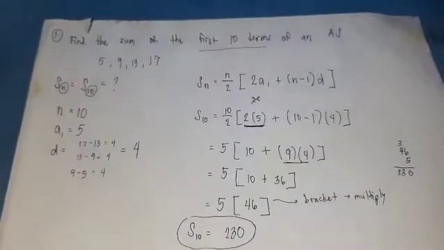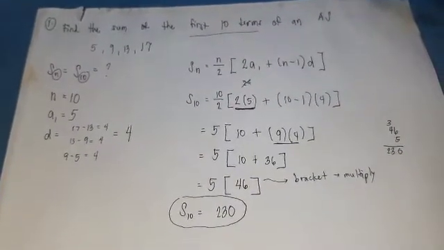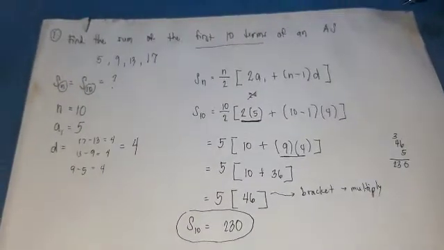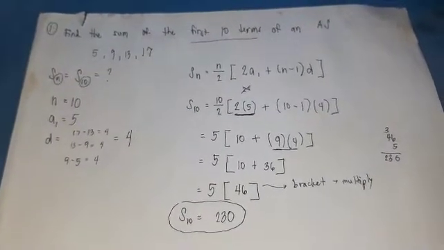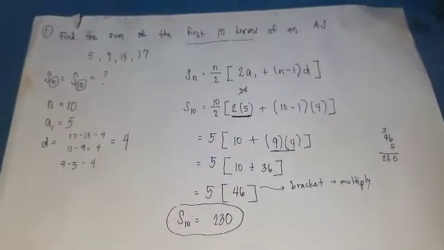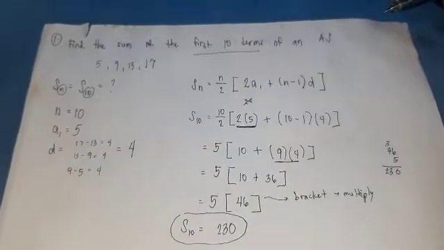If you don't have questions, try to answer number 2 on your paper or on your math notebook. Please find the sum of the first 8 terms of an arithmetic sequence 5, 7, 9, and 11. Let's check whether you got the correct answer for your number 2 example.